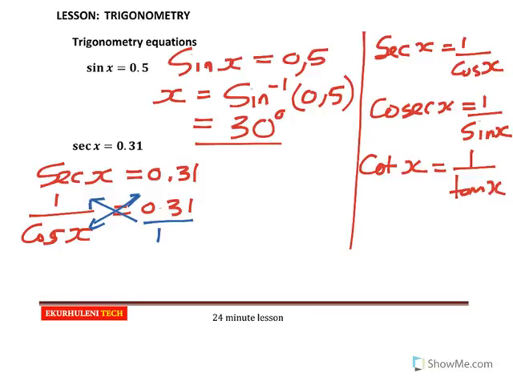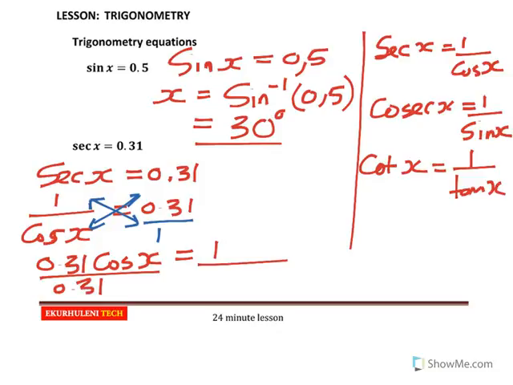Remember the cross multiplying. When you cross multiply, you are going to have 0.31 cos x is equal to 1 times 1, which is a 1. You divide both sides by 0.31.